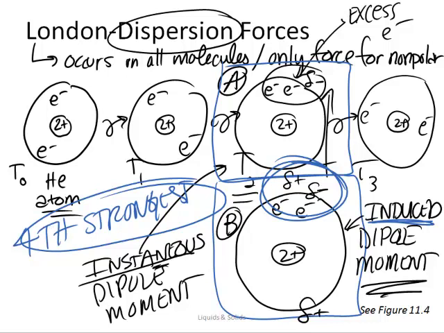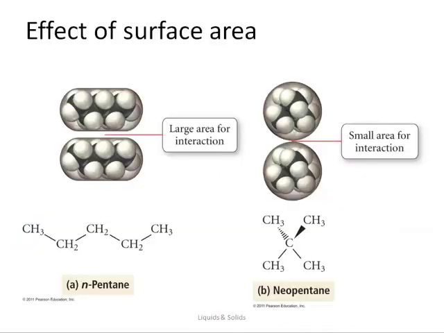But these can start to build up for molecules. There are some nonpolar molecules that are liquids at room temperature. There are even nonpolar molecules that are solids at room temperature.